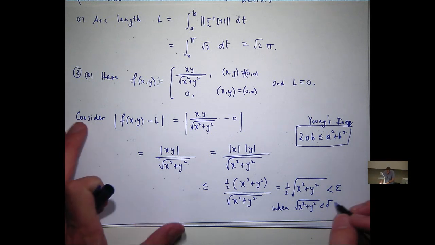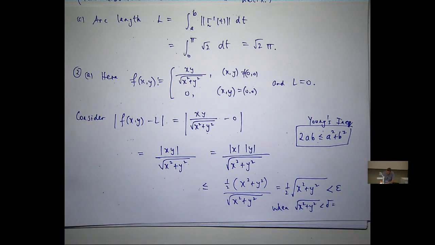Anyone know? Will it work with epsilon? It may work for that choice. There's probably a slightly better choice. Yeah, it probably will work for epsilon, but there's a more natural choice. Yep, 2 epsilon, right?